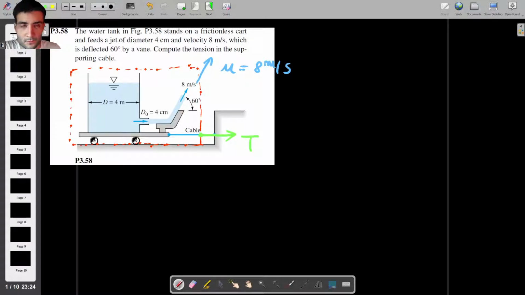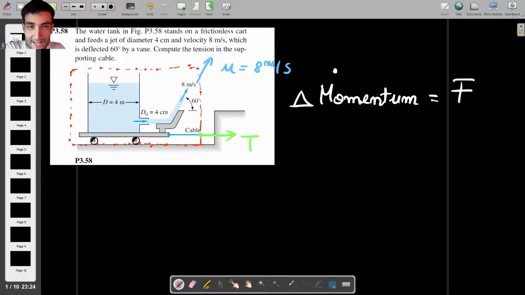So to find the tension, we just write the equation of momentum conservation, which is that the change in momentum flow rate is equal to all the forces acting on the control volume. We're only looking at what happens in the x direction, because the tension is acting in the x direction.